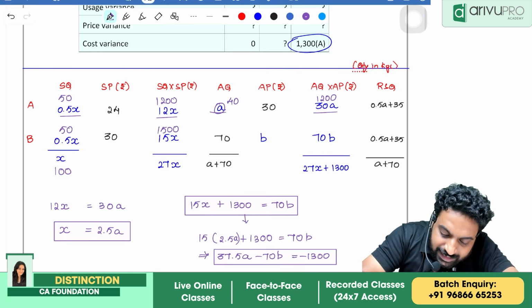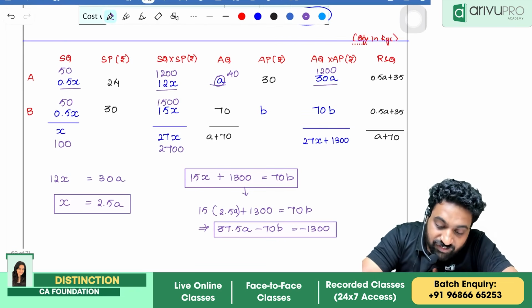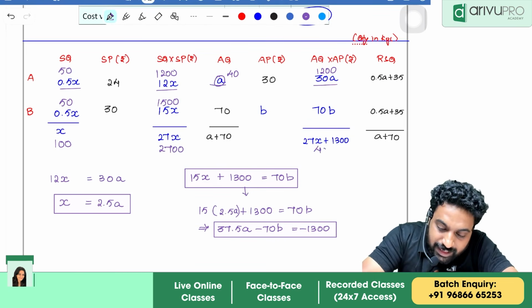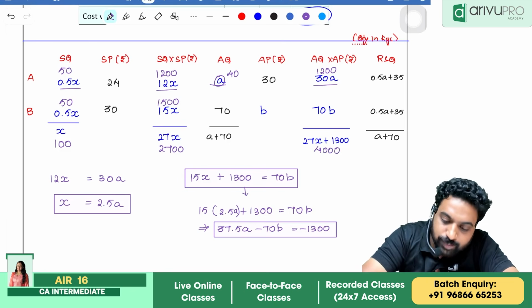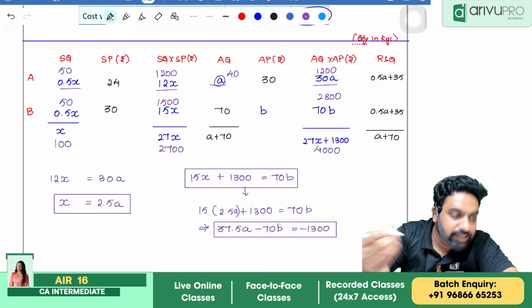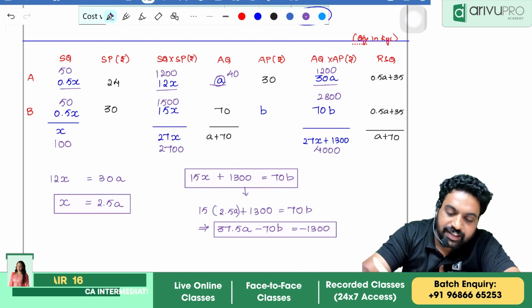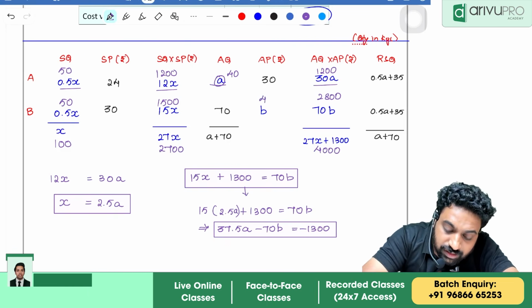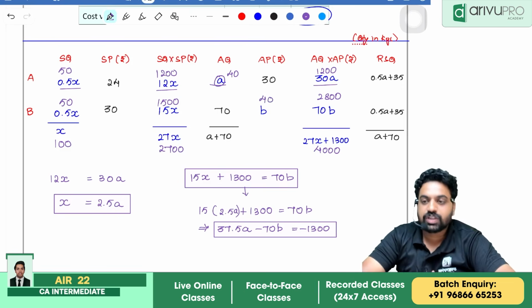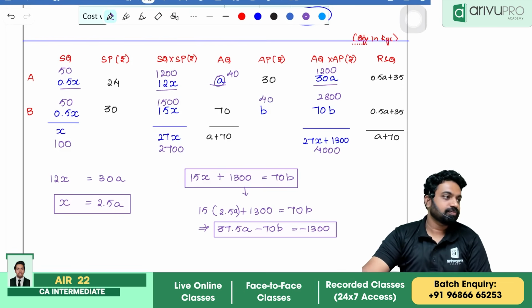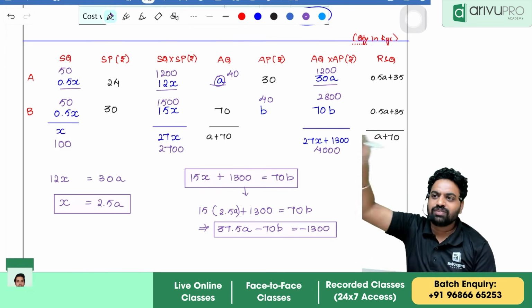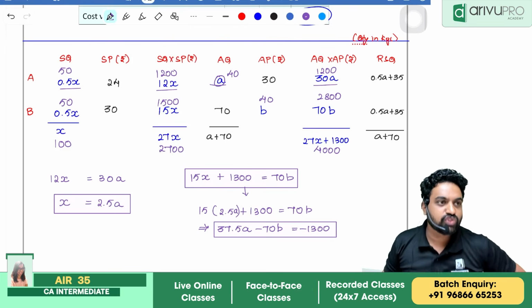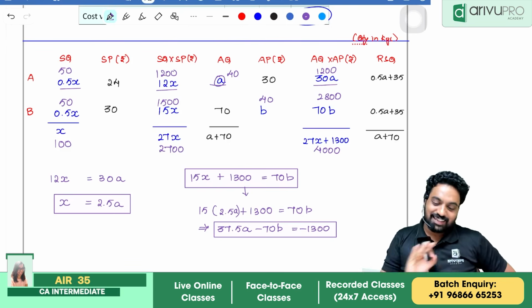Then this will be 2700, then 4000, then 2800, then 40.